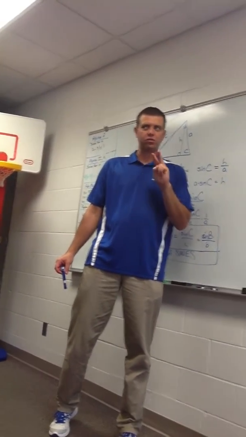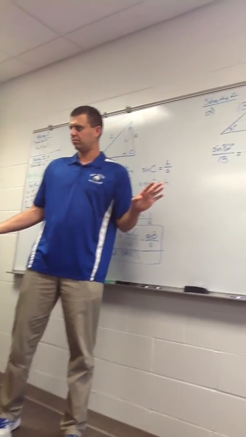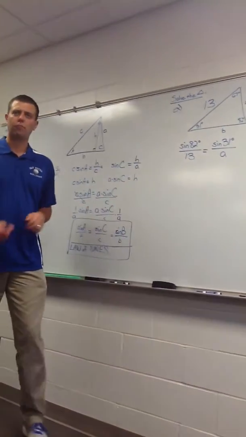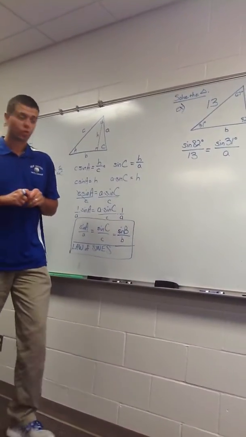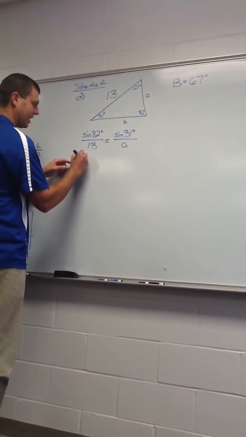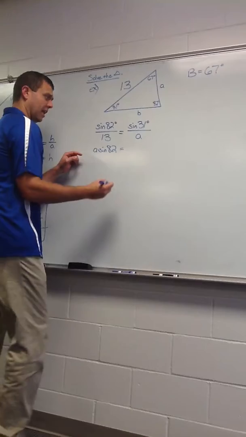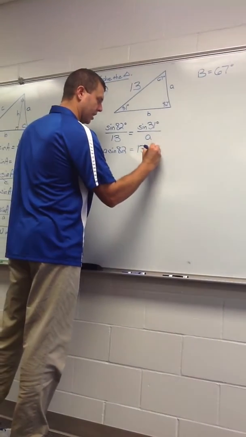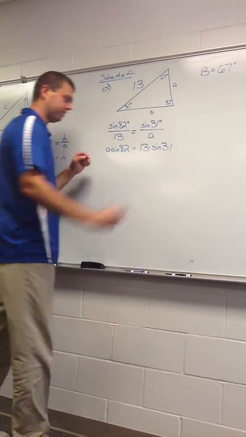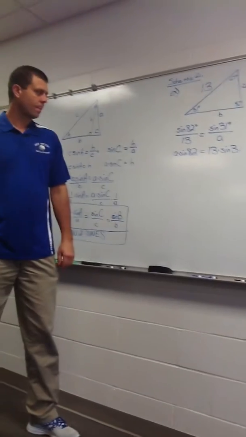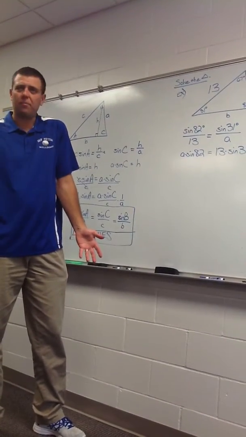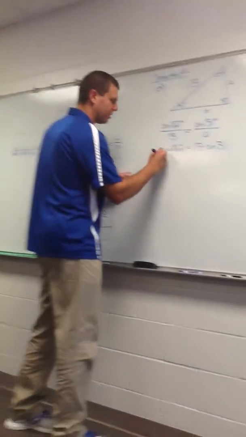Don't set one up that has two variables, because you can't solve for it. How do you solve proportions? Cross multiply. So A times the sine of 82 equals 13 times the sine of 31. Then to get A by itself, I'm going to divide by the sine of 82.